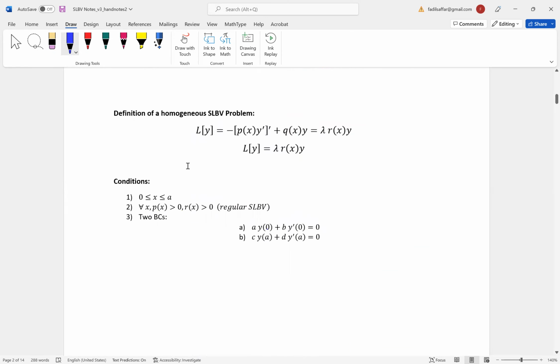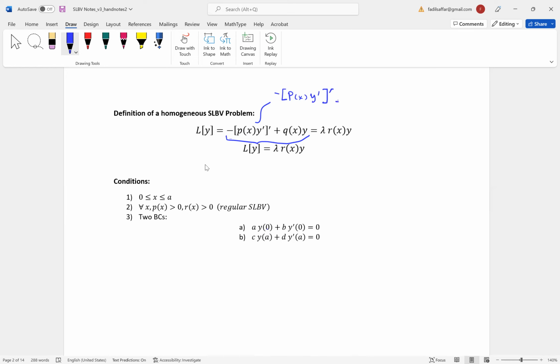This is the definition of the SLBV problem, and this is the general form. I want to highlight that in this part, the derivative is with respect to all of that.